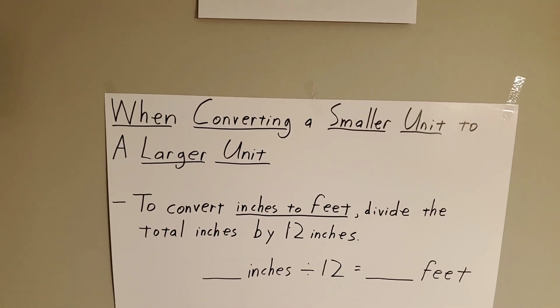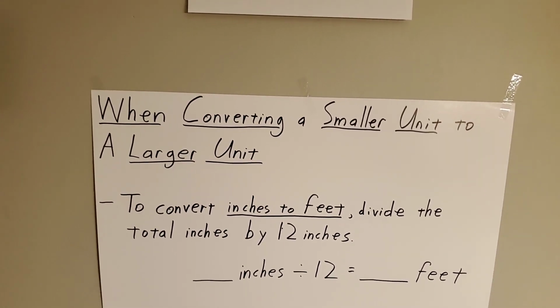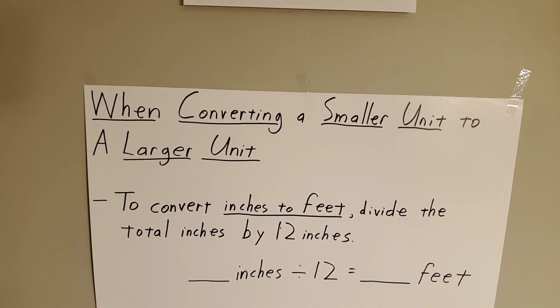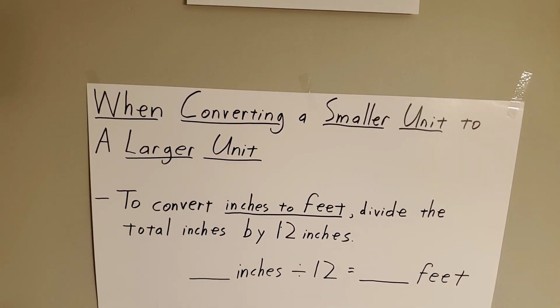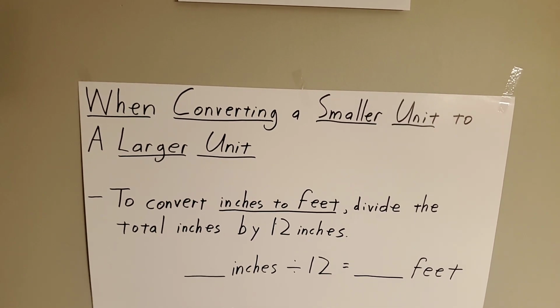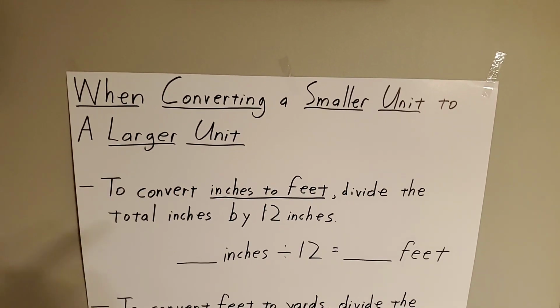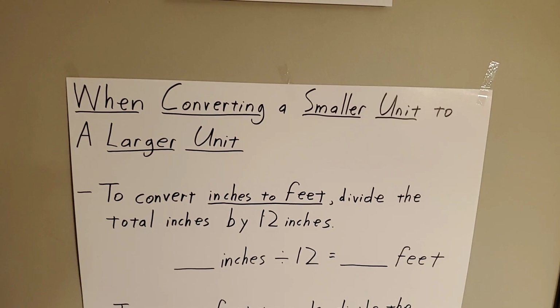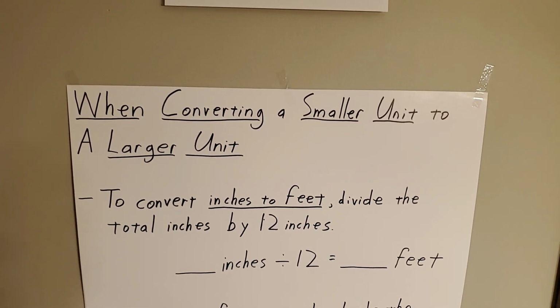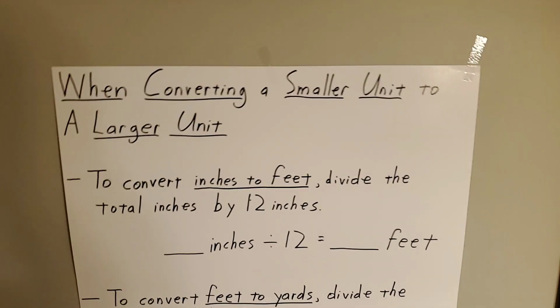This is a guide that you're going to use to help you convert smaller units to larger units. When you're doing your assignment, if you don't remember what to do, just play this video back and come back to this sheet. If I get a chance, I'll try to upload a conversion chart. So here are the rules.